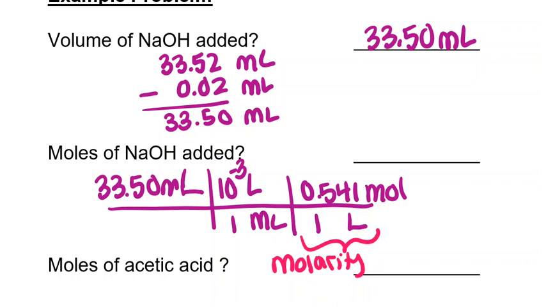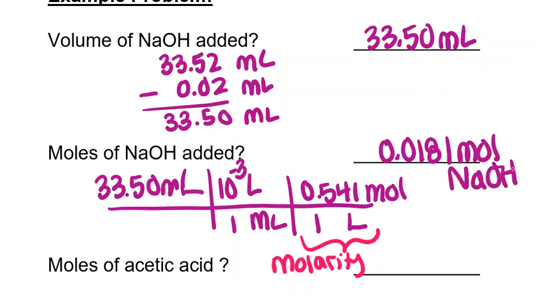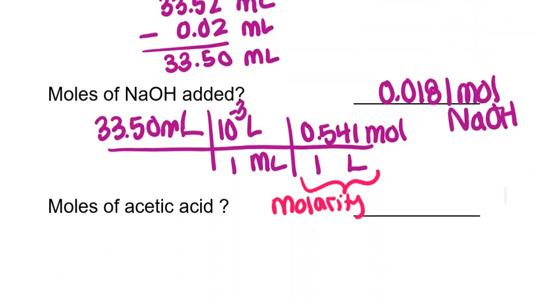There, and I am keeping more digits. I'm not necessarily going to write them all down, but if you leave them in your calculator, you'll get my answers. Okay, so that's the moles of sodium hydroxide that it took.